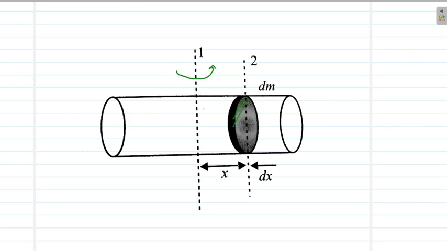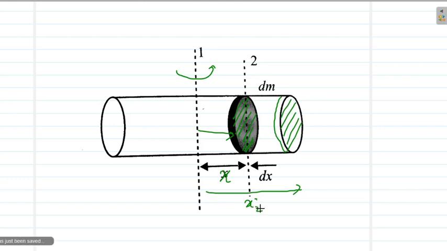Suppose this disc that you see in the shaded color is at a distance of x from this axis. Within the cylinder there will be other small discs at another distance from the axis, say x2. So the cylinder is composed of small discs at different distances from the axis of rotation, but the radius of all these discs is the same, capital R itself.